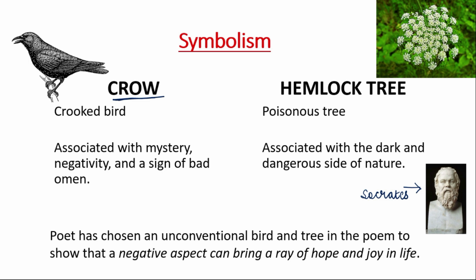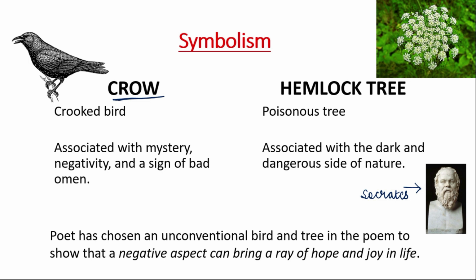So the poet has actually chosen an unconventional bird and an unconventional tree in the poem to show that negative aspects can bring a ray of hope and joy in life, because the crow that sat on the hemlock tree shook the snow and it fell on him.